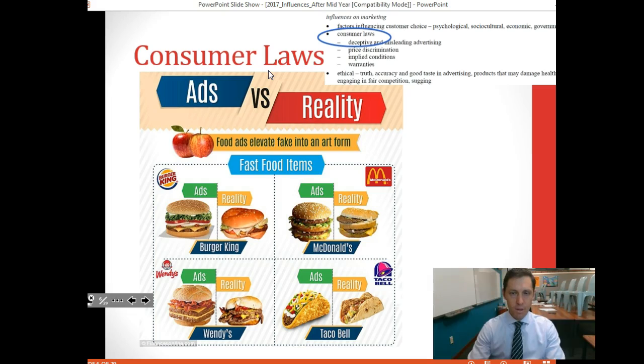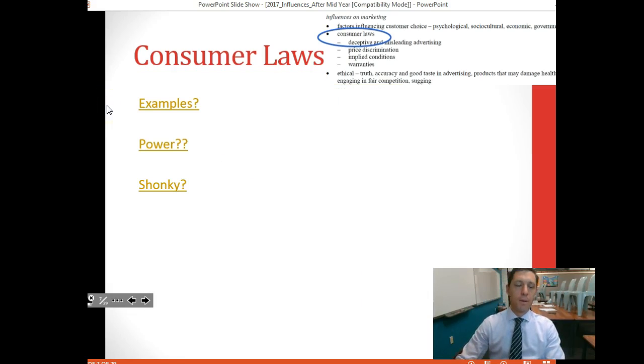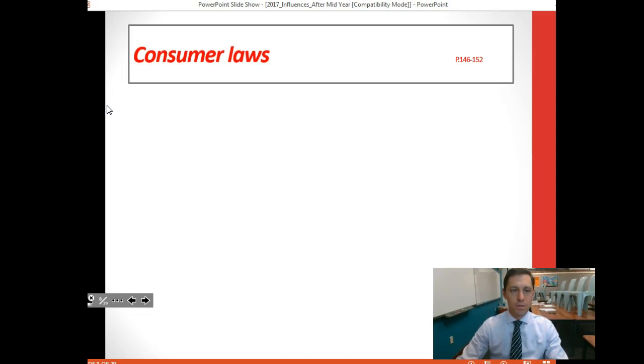It's not ethical, and it could also be deemed deceptive and misleading, to advertise a hamburger such as that one from Burger King looking like that in the ad, where in reality the real burger looks something like that. These are examples we'll look at in class of where consumer law was appropriate.